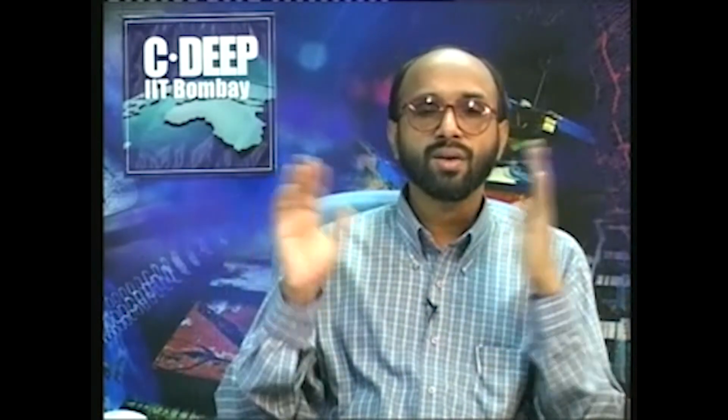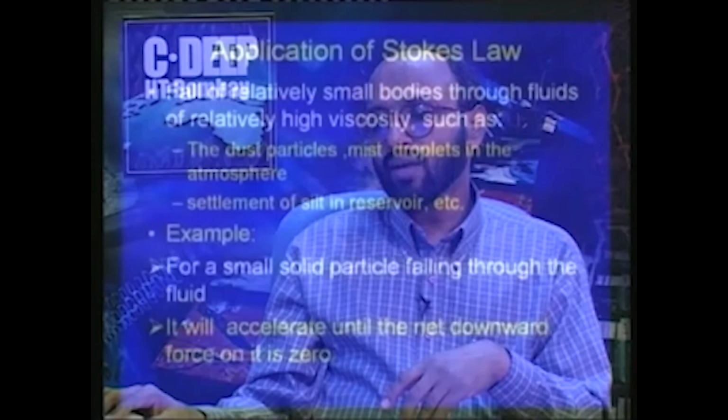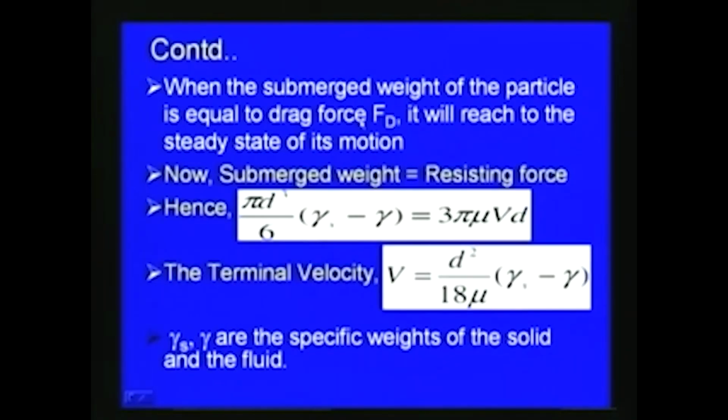So, if you consider, as I mentioned, either a dust particle or a sediment particle in the reservoir, it will keep on falling until the net downward force on it is 0, and then we can use the drag force derived by Stokes. When the submerged weight of the particle is equal to the drag force F d, it will reach the steady state of its motion.